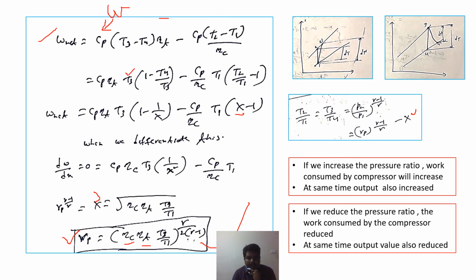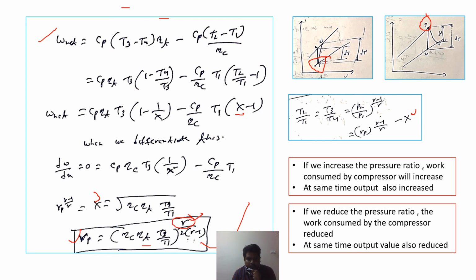Generally in the given problem or even practically, we know the values of T3 and T1. Gamma value, gamma of the air or flue gases we know. Once you substitute, we can find the maximum pressure ratio from this equation.